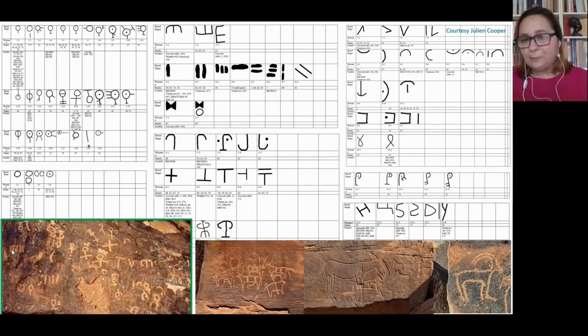But as you can see here, I put together 3 different panels of rock art from Saudi Arabia, from the Arabian Peninsula, and you can see that this scene with the cows is pretty much what you could get in Nubia or in our region. So again, there may be scope for further investigation.